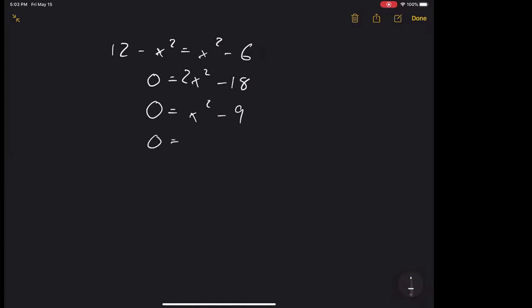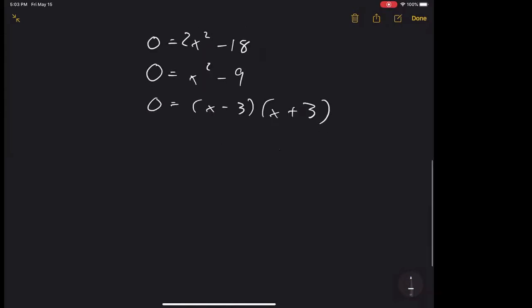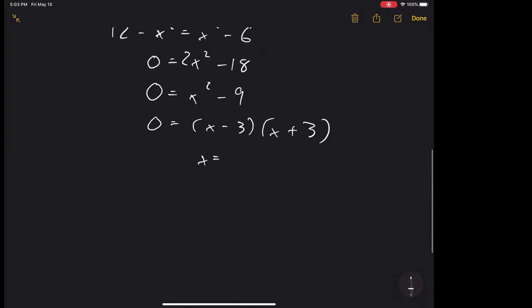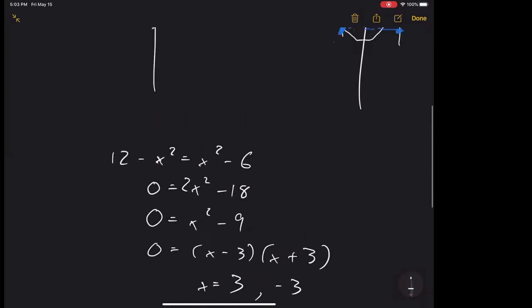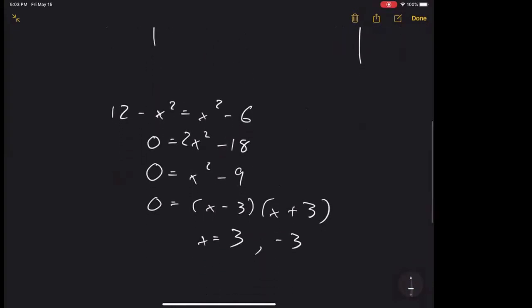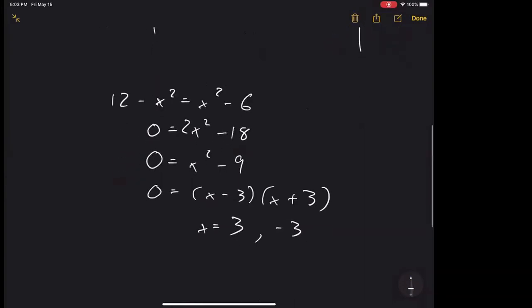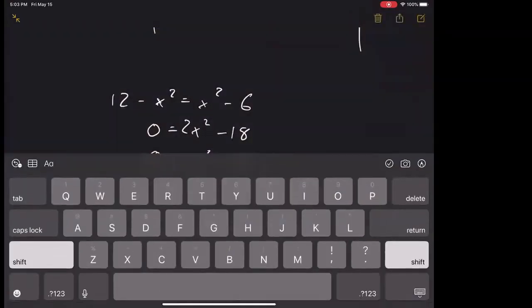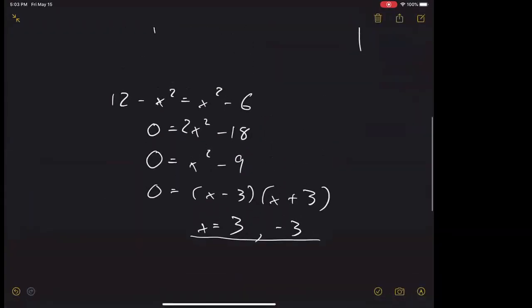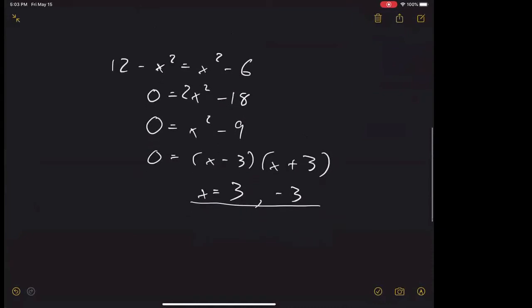And then I factor this. Factoring or using the quadratic formula would give us the same results, that this has solutions where x equals positive 3 and x equals negative 3, which means these curves are going to intersect where x equals positive 3 and x equals negative 3. Now if I plug these into one of my equations, I'll figure out the y coordinates, and so I'll have a better picture of where these points are.